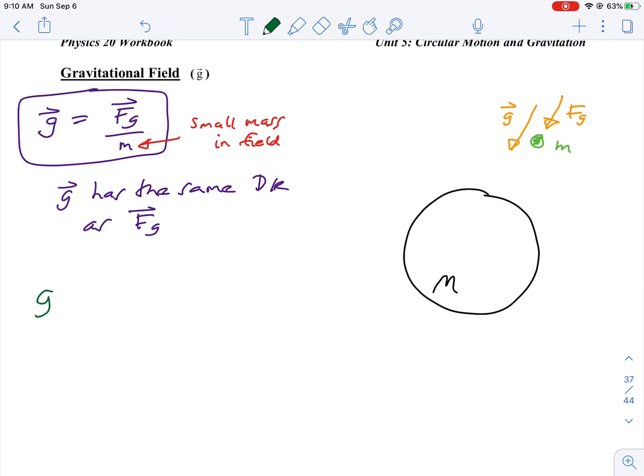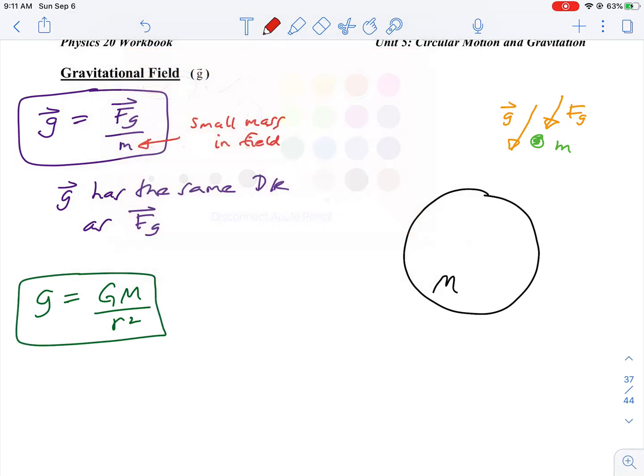So we have g is equal to G big M over r squared. And what you have to realize in this one is that this M is the large mass, and what we're really talking about is the planetary mass that creates the field.